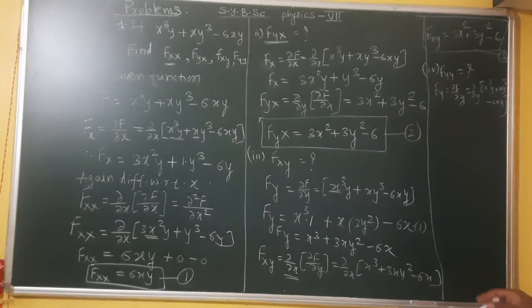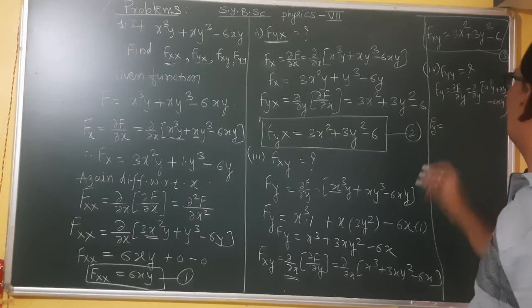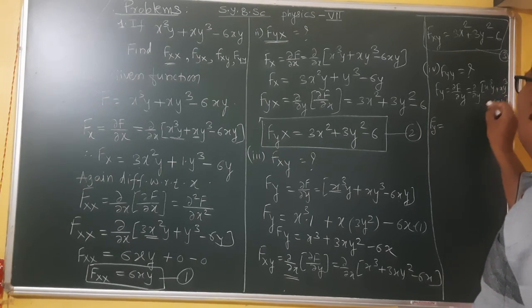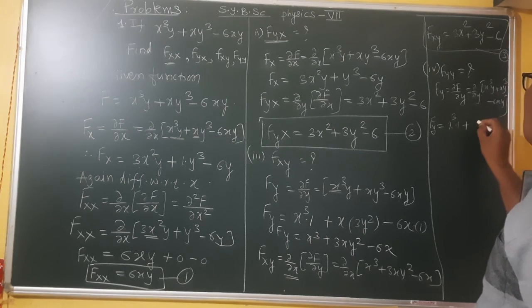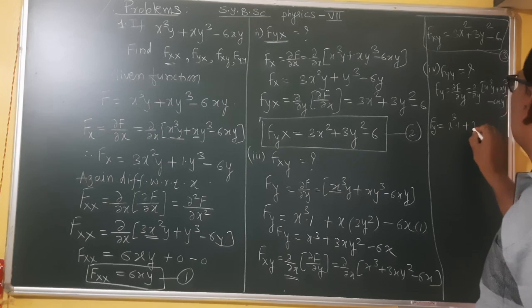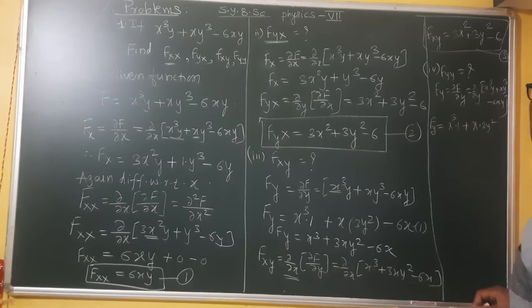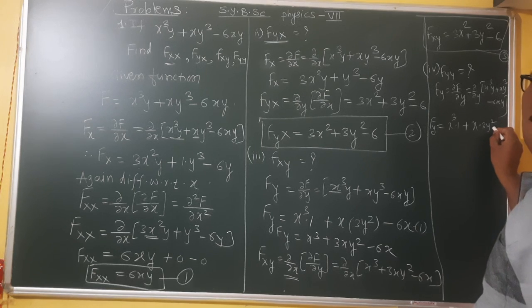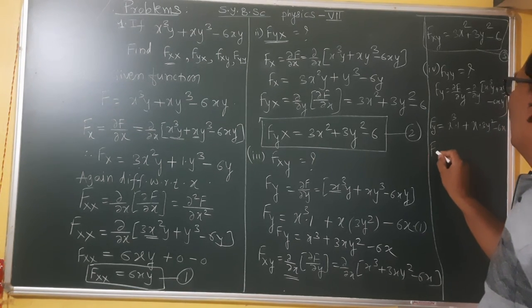Differentiating with respect to y, x cube is as it is into 1 plus 3 into x as it is, 3 into y square, minus 6x.